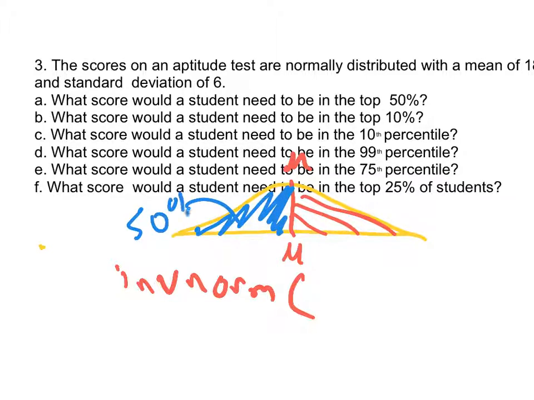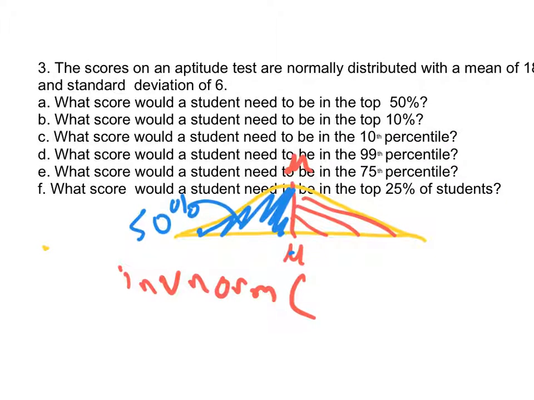We always key in the area, and I want the value of what the score has to be at the 50%. And it's going to be an easy problem because we already know what the mean is, and the mean's in the same place. But just for fun, I will say I want 0.5 area, and then I have to put in the mu, and then I have to put in the standard deviation.